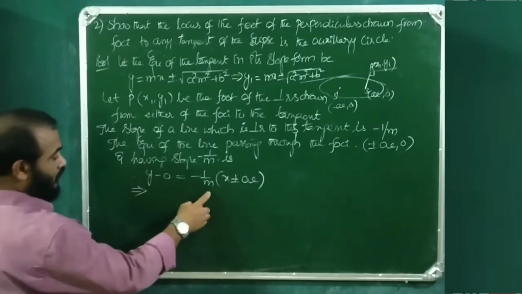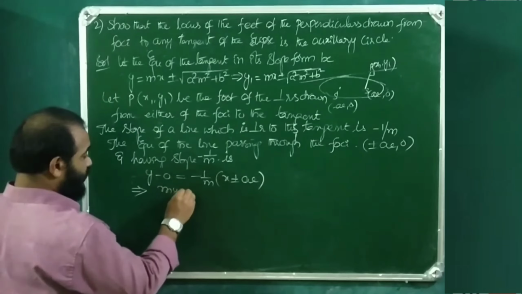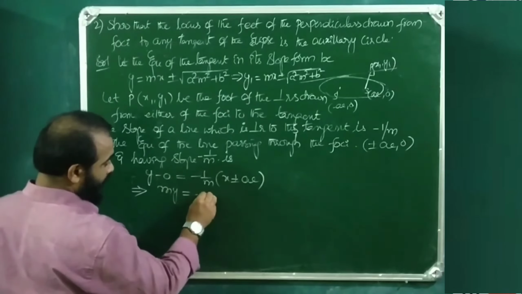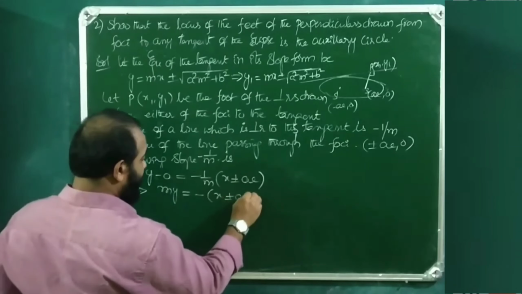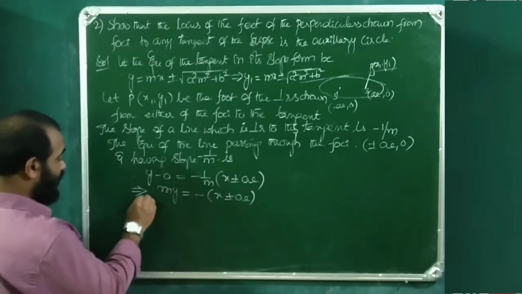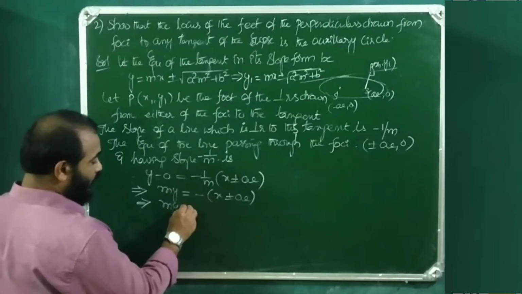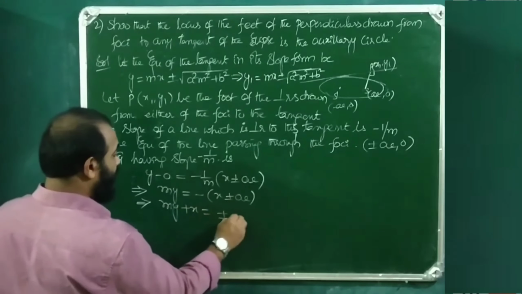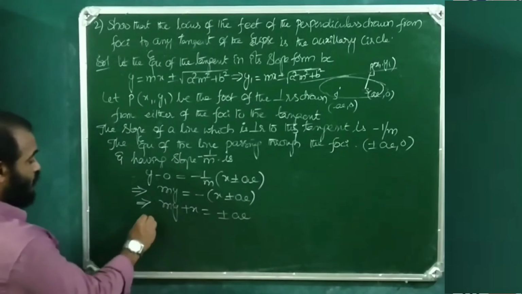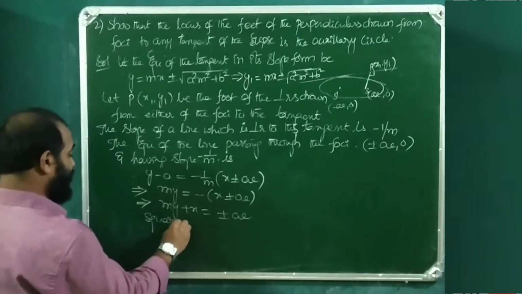So this gives my equals minus of x plus or minus AE. So my plus x equals plus or minus AE. So squaring on both sides.